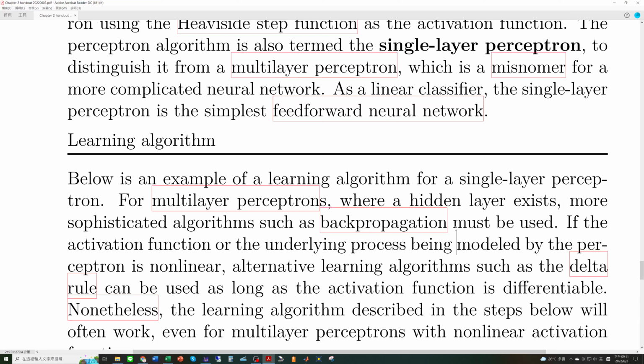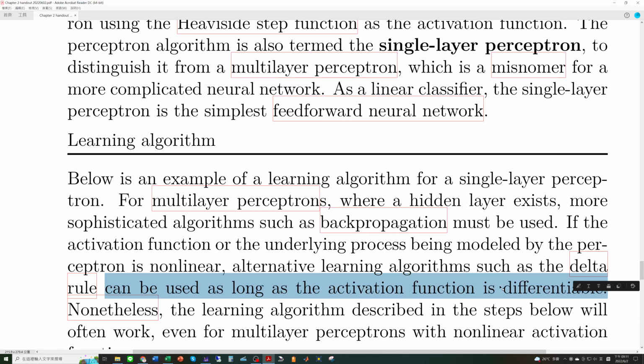Backpropagation must be used if the activation function or the underlying process being modeled by the perceptron is nonlinear. Alternative learning algorithms such as the delta rule, which I will introduce later, can be used as long as the activation function is differentiable.